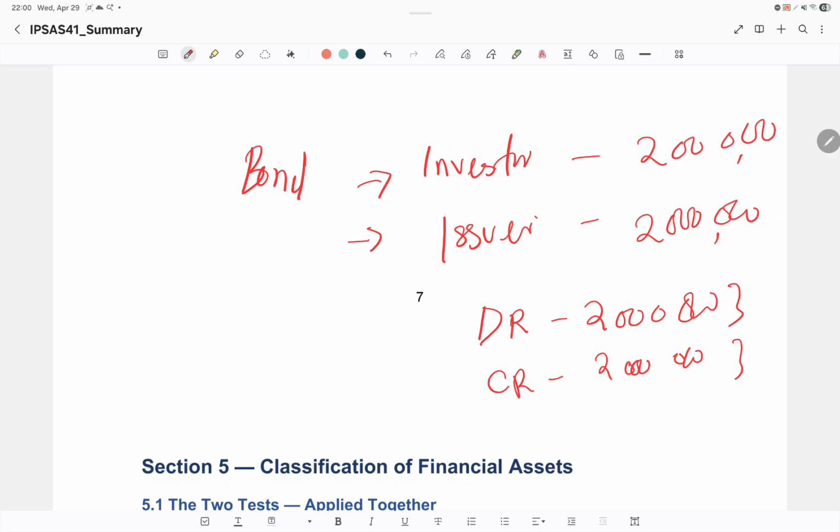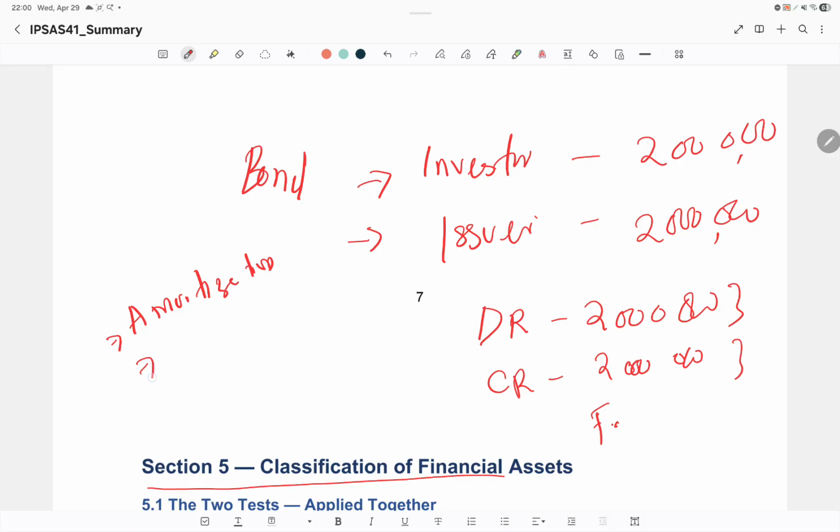As this continues, there is something we recognize in our books. If we were using, say, fair value, and this value keeps increasing or decreasing, how do we recognize it? So the classification we are talking about is how to recognize. One way is amortization.